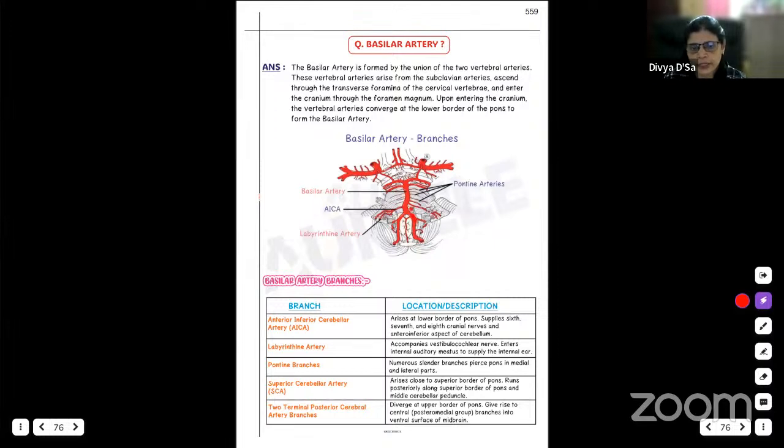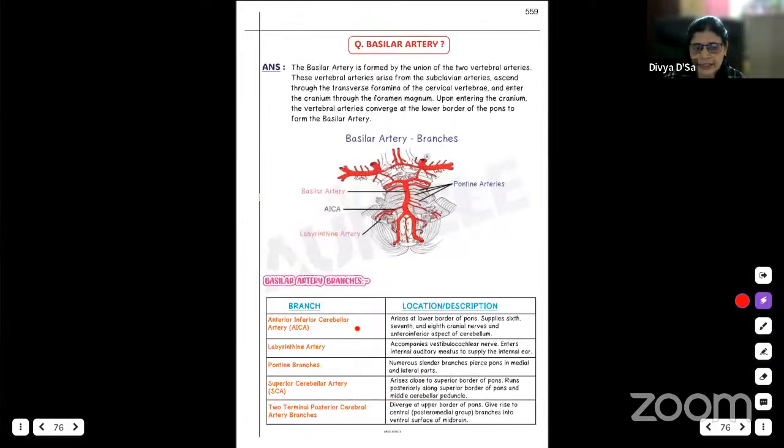Near the pontomedullary junction there is a groove, and there they join to form the basilar artery. These vertebral arteries originate from the subclavian artery, as we already know. These two vertebral arteries converge near the lower border of the pons to form the basilar artery. So what are the branches of the basilar artery?